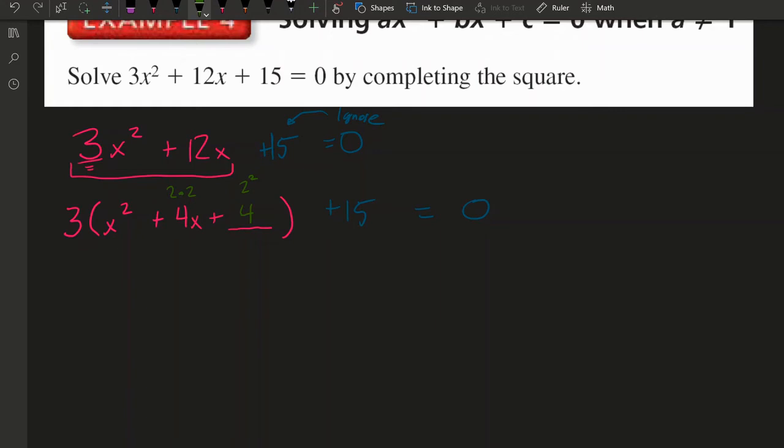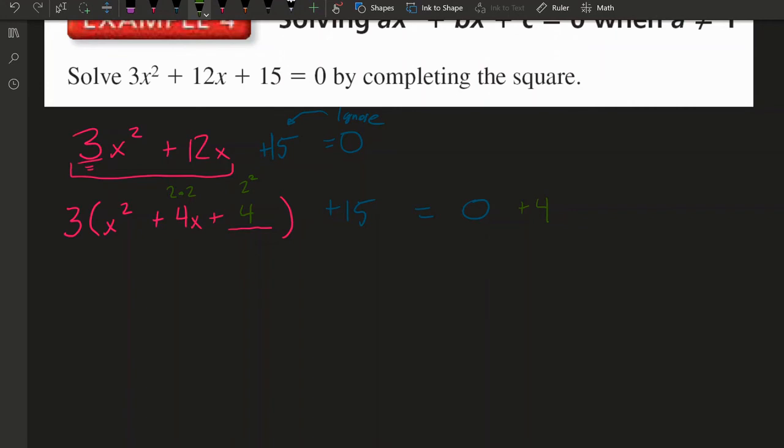Now, just like last time, I can't just add a 4 into my equation without any consequence. I need to balance it by adding to the other side. Now, here's where this gets tricky. I can't add 4 to this side because I didn't actually add 4 to the other side.